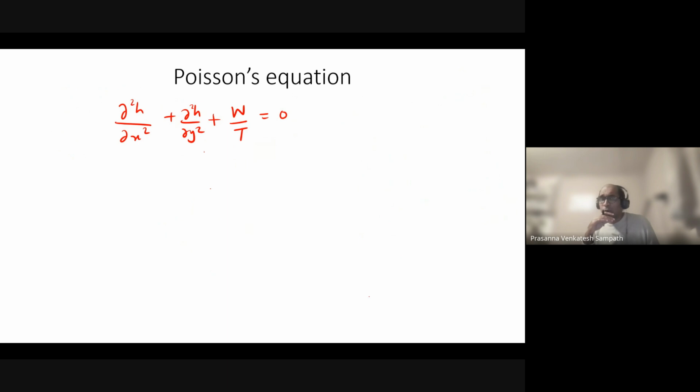Okay, so let us look at the dimensions of this term over here. So what are the dimensions of transmissivity? Transmissivity has got dimensions of L square T minus 1. Okay, what about this term? This term has got dimensions of L in the numerator and L square in the denominator.